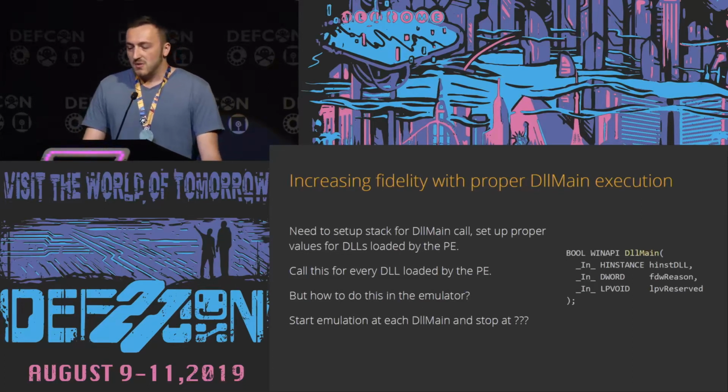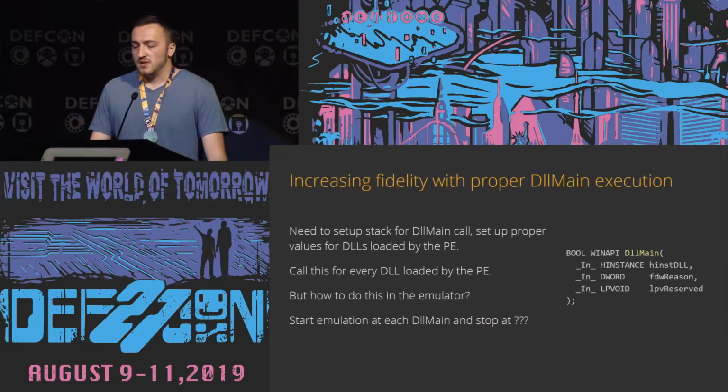So we actually tried two ways of implementing DLL main. For any DLL that we were loading up statically, as if we're pretending to be the loader, what we originally tried to do was set the stack with the arguments that were required, and set the entry point to the start of the DLL main if it did exist. If it didn't, we would skip over it. The return address from that would point to somewhere else in Binee's memory where we had put interrupts.